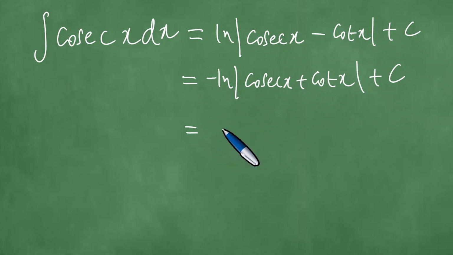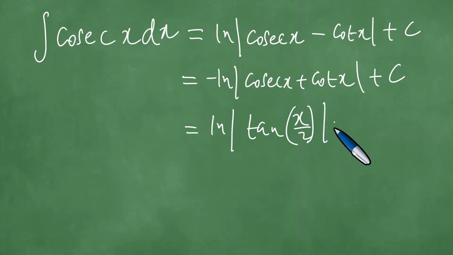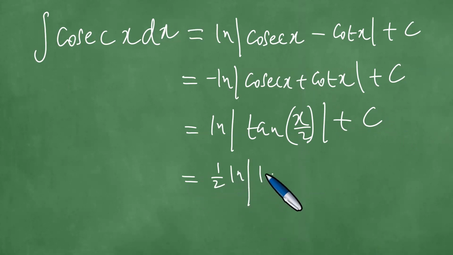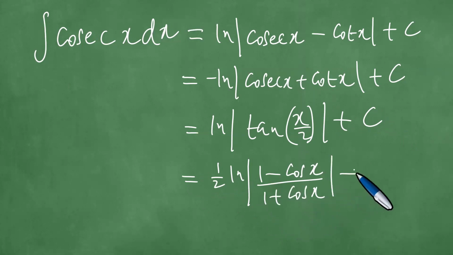Or we can say it is also the same as what? You can say it's also the same as the natural log of the tangent of x over 2 plus c. Or it is also the same as 1/2 of the natural log of 1 minus cosine x over 1 plus cosine x plus c. So we have this particular result.